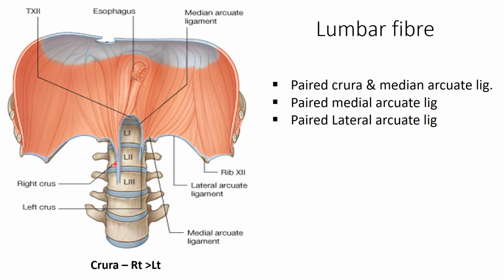Now, starting with the paired crura. The right crus of the diaphragm is broader and longer, and the left one is slender.